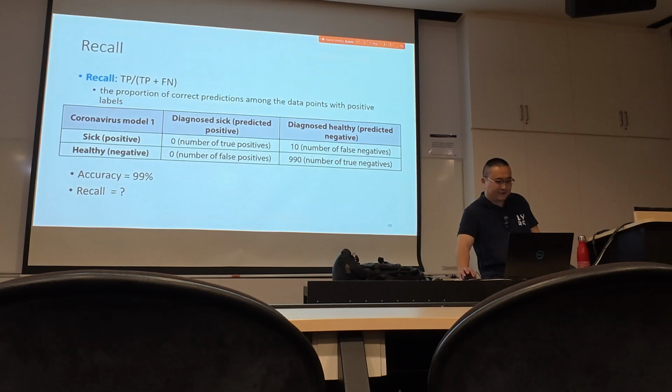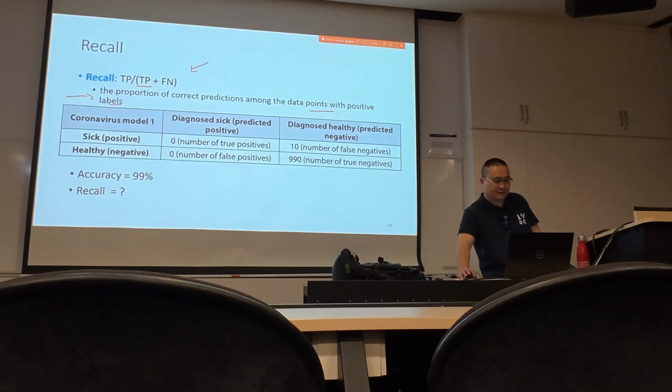After we understand the definition, let's look at the formula. We want to get the correct predictions among the data points with positive labels. So in the denominator, we want to have all the data with positive labels. What are they? They are true positives, that's correct, the positive data predicted as positive.